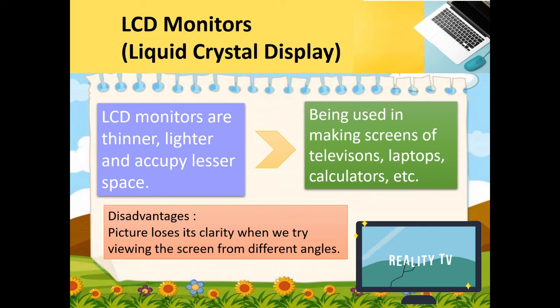LCD monitors have this disadvantage: the picture loses its clarity when we try viewing the screen from different angles.